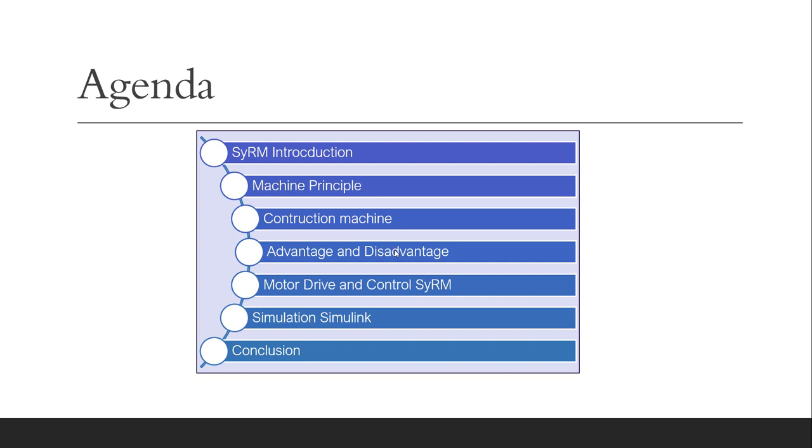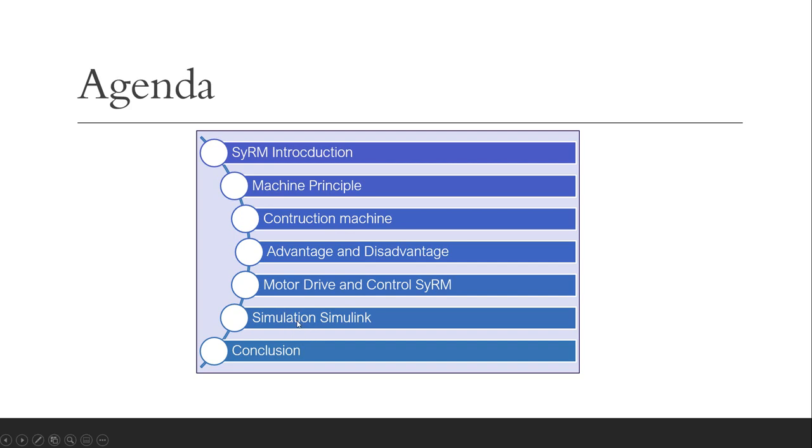First, we are going to introduce the definition of the synchronous reluctant motor, and we are talking about the principle and construction of this machine. We talk about the advantages and disadvantages compared with other AC motors. And finally, we discuss the motor drive and control of the synchronous reluctant motor.